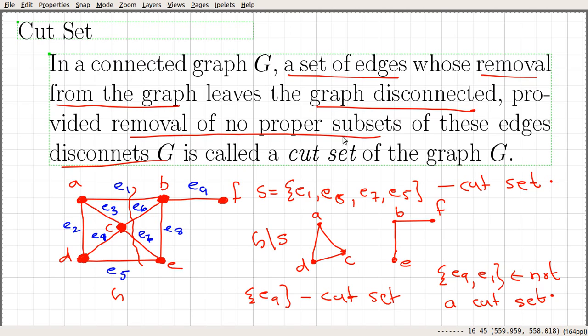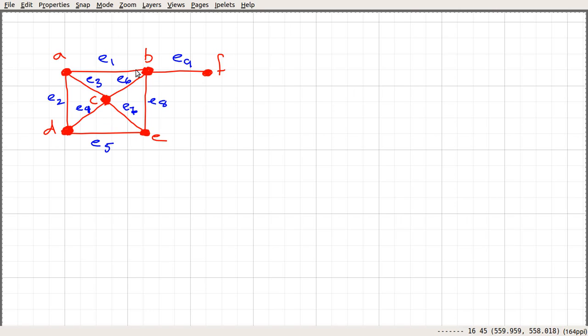So let's look into the same graph and find all the cut sets in this graph. We saw E9 is a cut set.